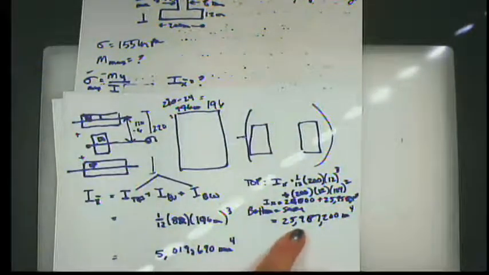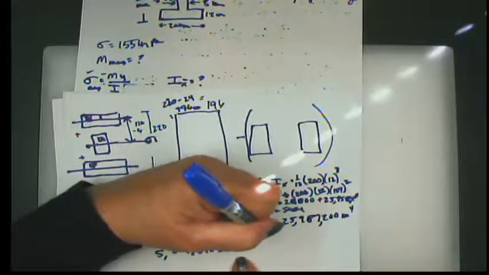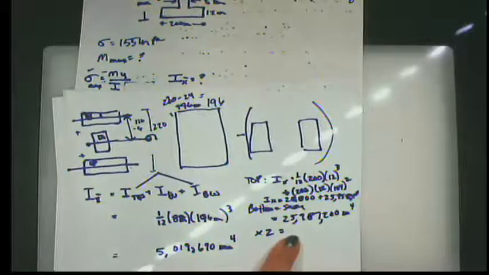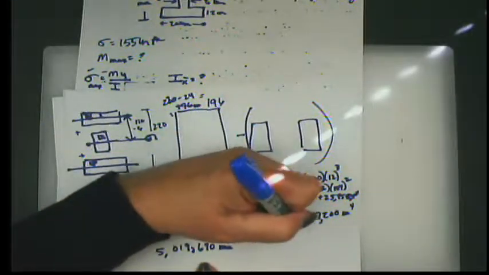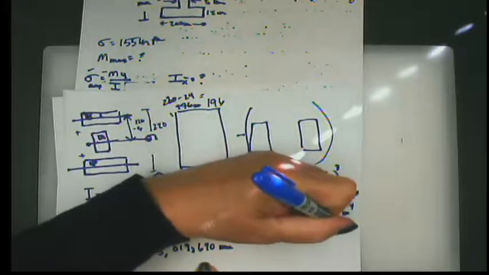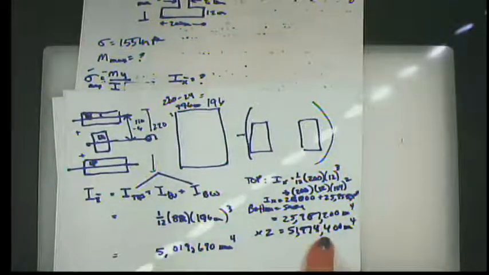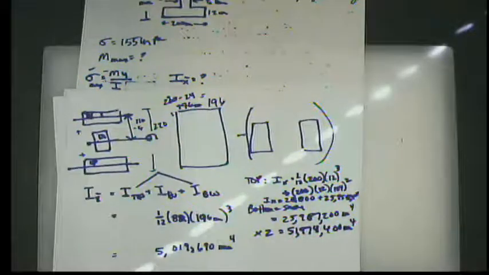And if I multiply that by 2, because the top and the bottom are the same, I get 51,974,400 millimeters to the fourth from the flanges.